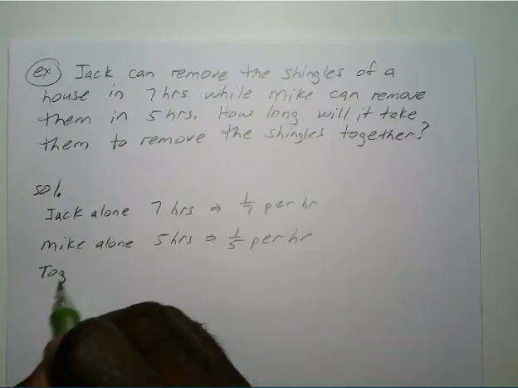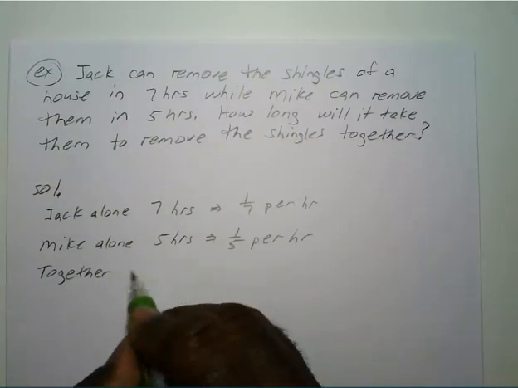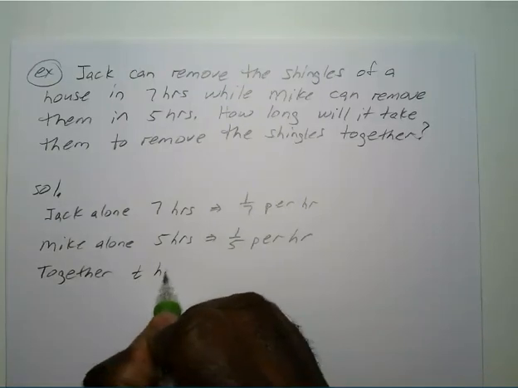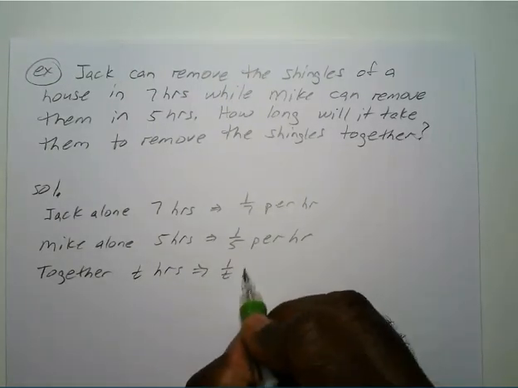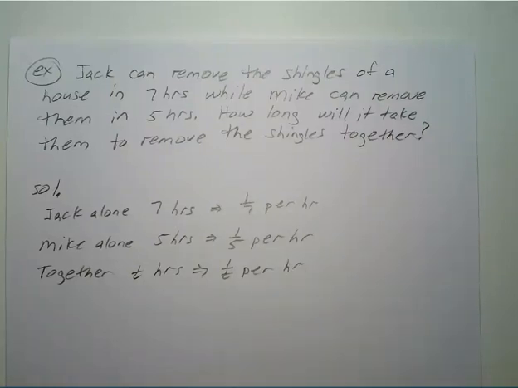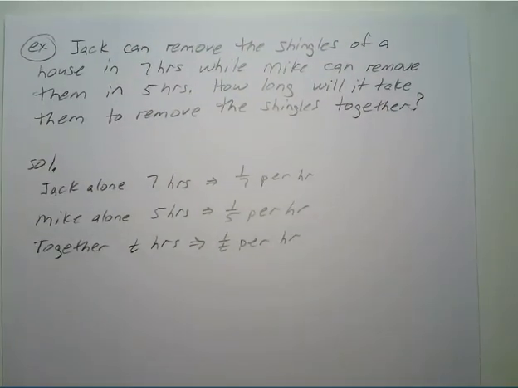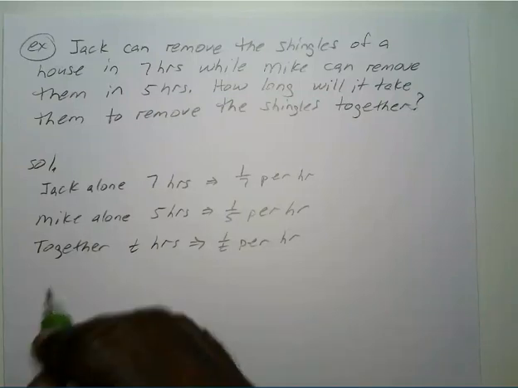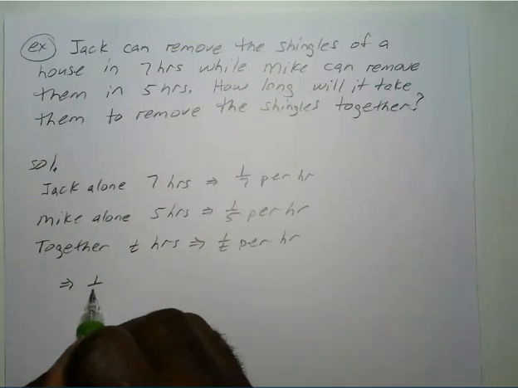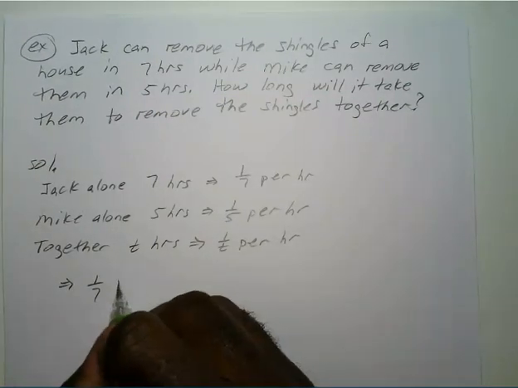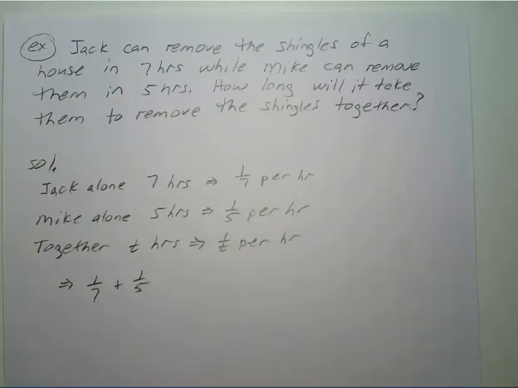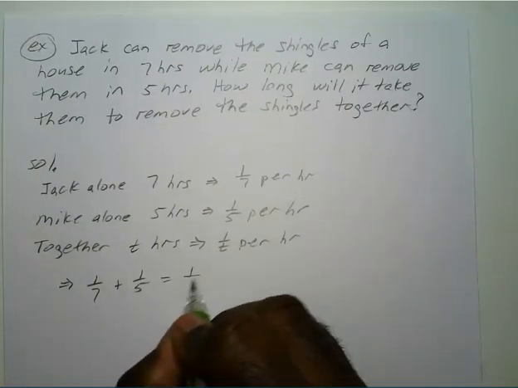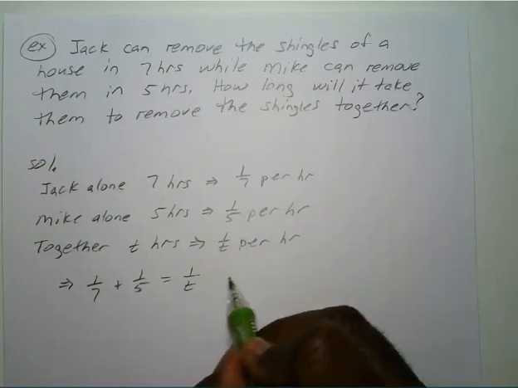And together, they take t hours, so that's 1 out of t of them done per hour. So if you get Jack's 1/7 per hour plus Mike's 1/5 per hour, they'll get 1 out of t done per hour.